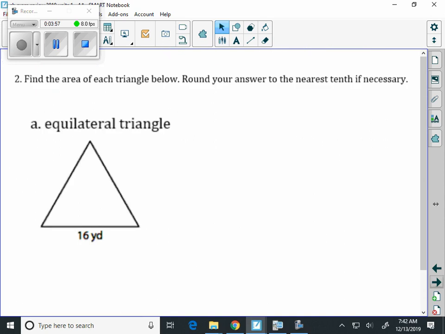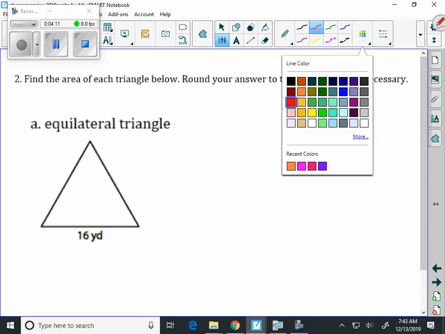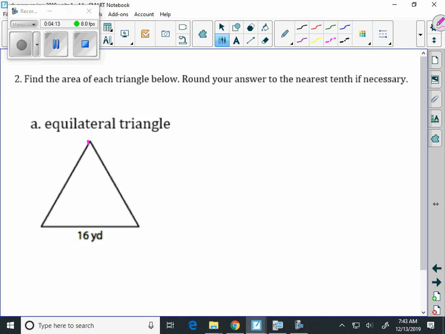Number 2, find the area of each triangle below. Round your answer to the nearest tenth if necessary. And what we have to do on our equilateral triangle is we need to find the height in here. So if we draw in the height, I'm going to call it x because sometimes now that we've done hypotenuse, people get it confused.